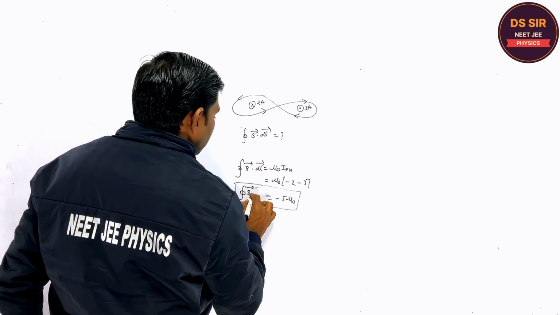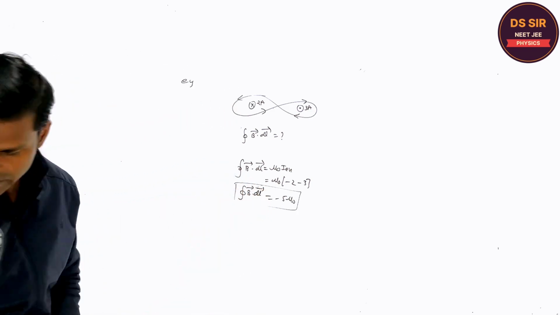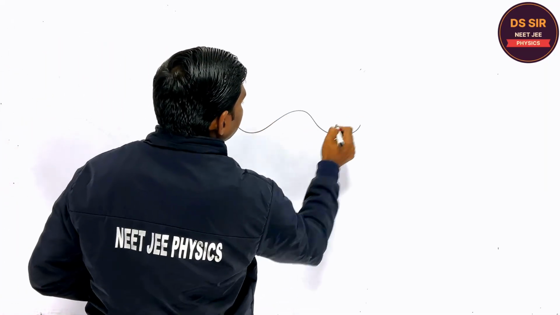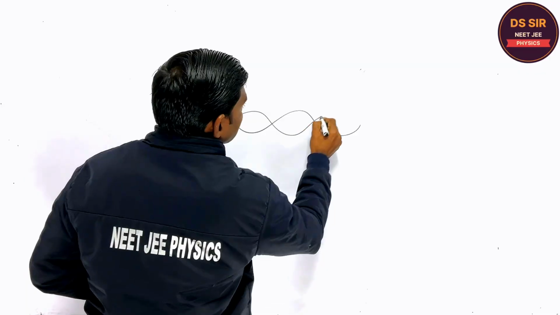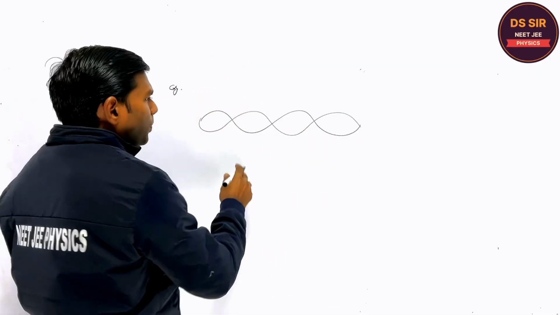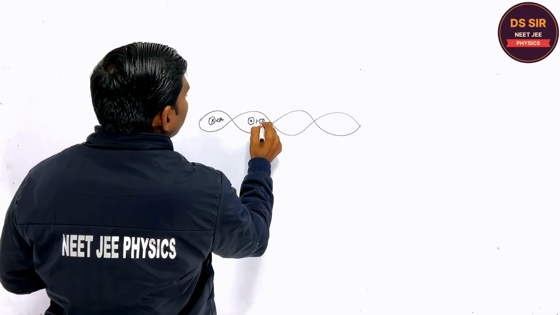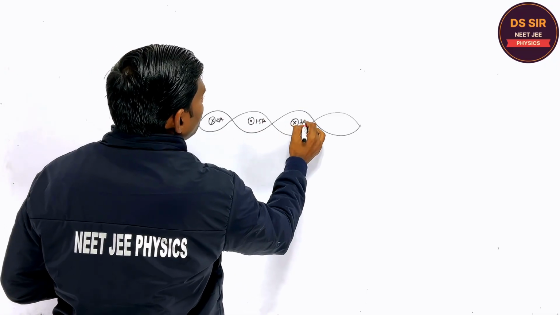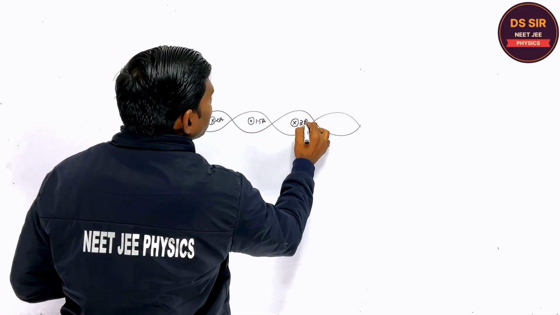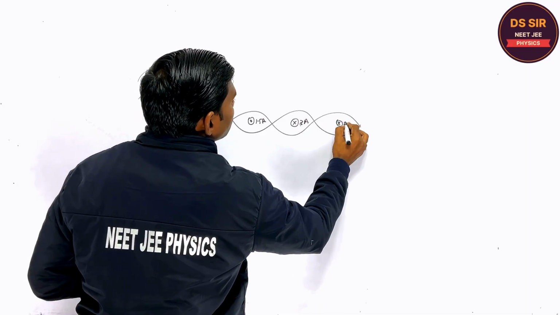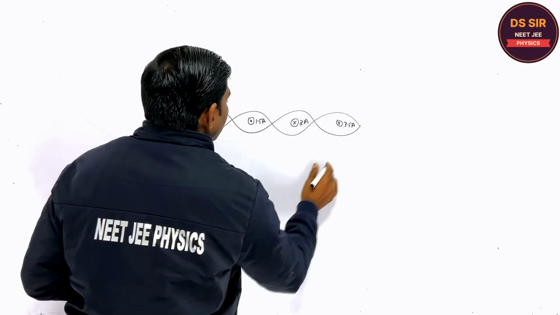Copy this. For example, there are so many loops like this. This is the loop, right? This is 2 ampere, 1.5 ampere, this is 3 ampere, and this is 3.5 ampere, right?